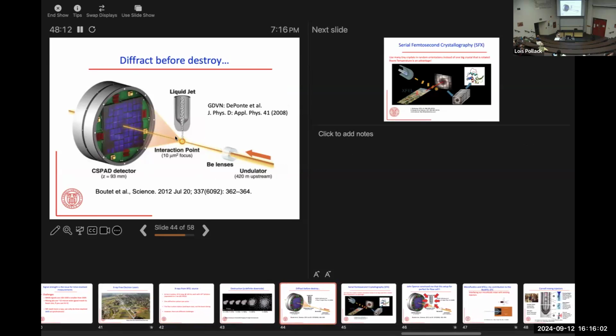The X-FEL pulses come down here. There's a liquid jet. A lot of the development work for that jet was done here at ASU. And here are crystals. This work was done on single crystals, like a nano garden hose that shoots this jet of individual crystals, where they get hit by a pulse, they diffract, and then they blow up.